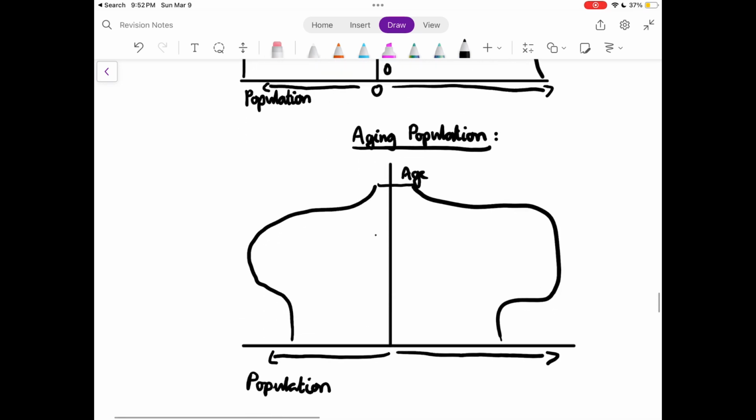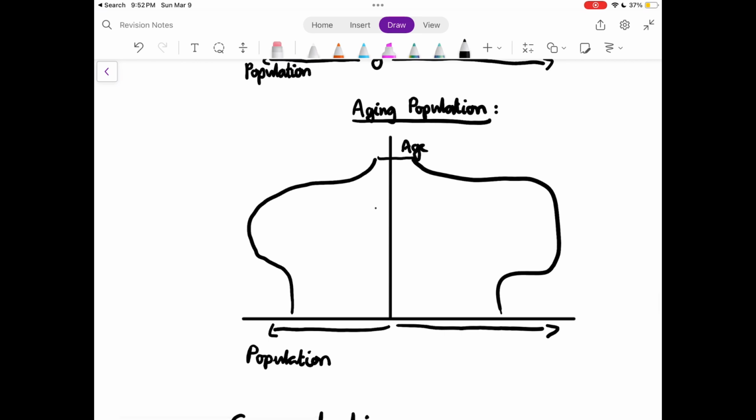And finally, this is for an aging population society. So as you can see, there is a narrower base of the youth population, but a really wide base of the economically active, and also a relatively wide base of the aging population compared to the other population pyramids.